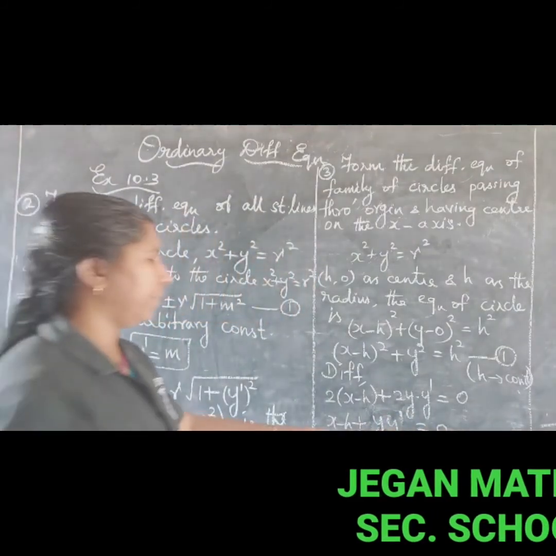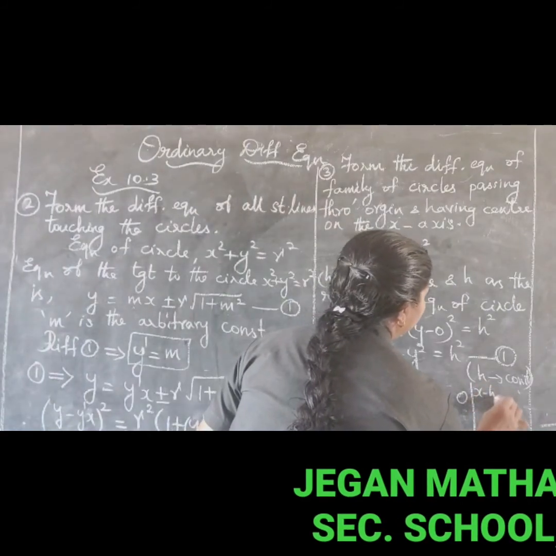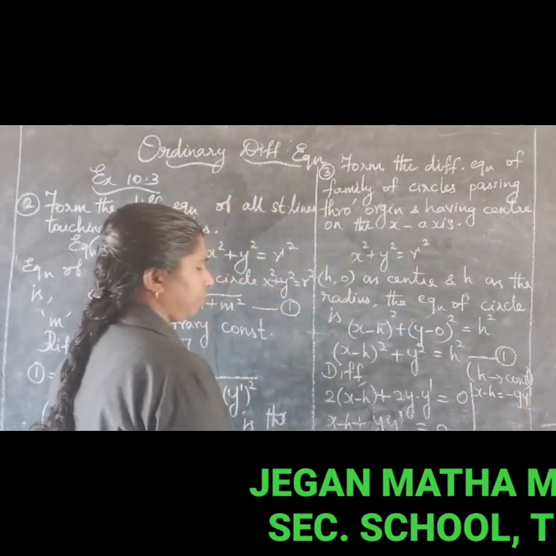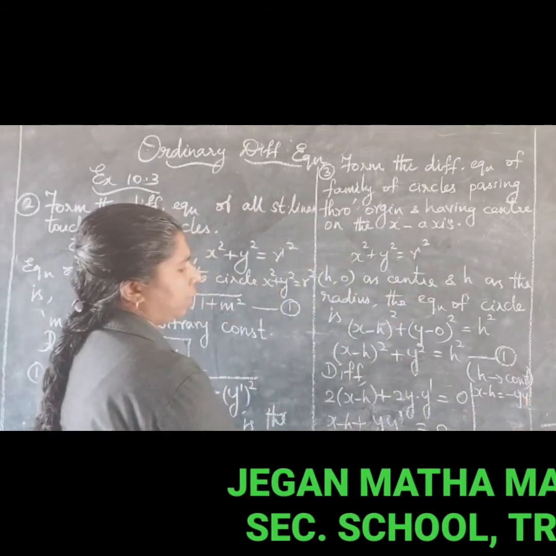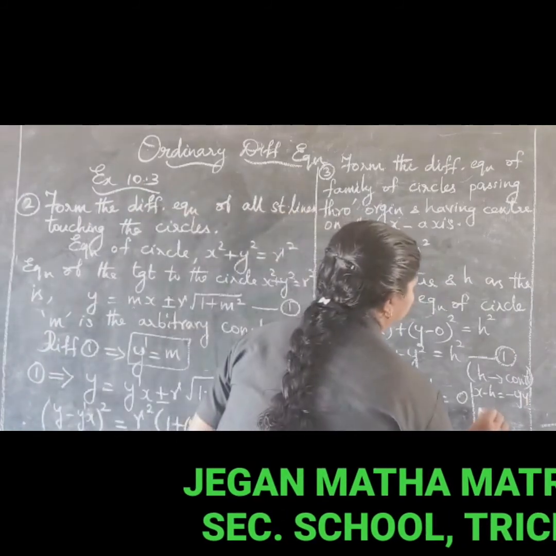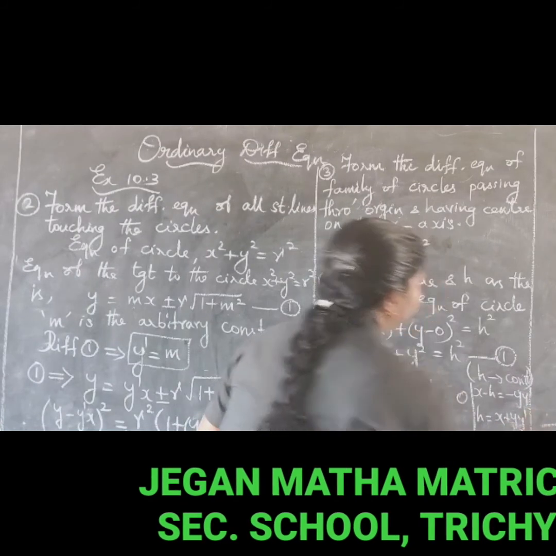From this equation, we can write x minus h is equal to minus y y dash, and taking h to the right side, h is equal to x plus y y dash.